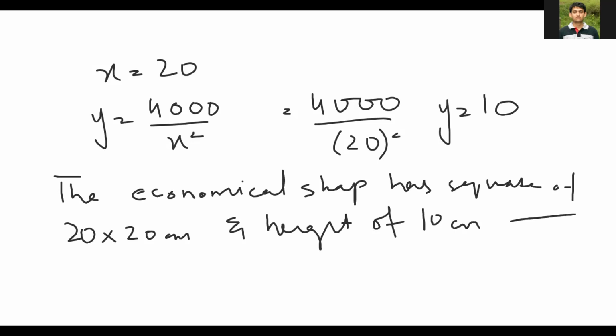So at the end, what you can do is you can actually draw a curve like this, and you'll be showing it. This is going to be the square base. This length is supposed to be 20, and this length is supposed to be 10. That's how you'll achieve the most economical shape, right? So that's it for this particular part. I'll try to come up with another example so that we have some substantial examples to solve our problems, and then you can solve that from the book, and I'll give you the practice problem questions as well, right?